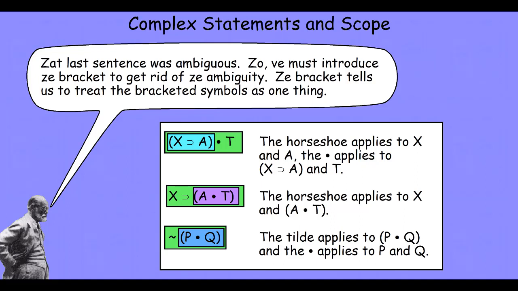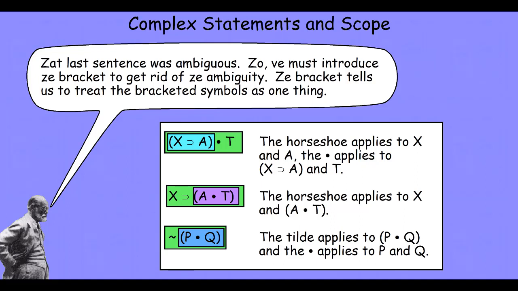Now when we go outside of that, we have that dot. The dot's a binary connective, so it reaches out and grabs T, and then it reaches out and grabs everything in the parentheses. So that conditional is true, and T is true.